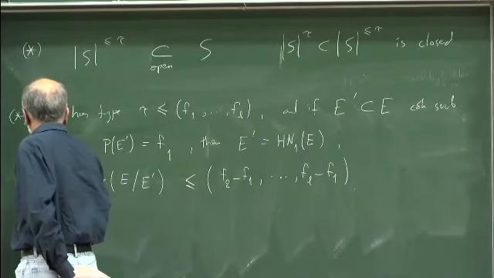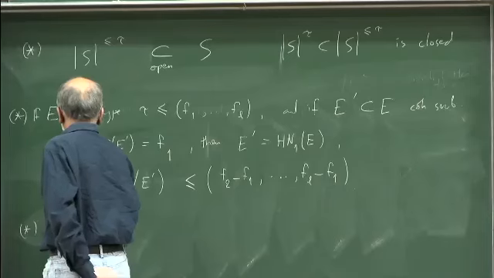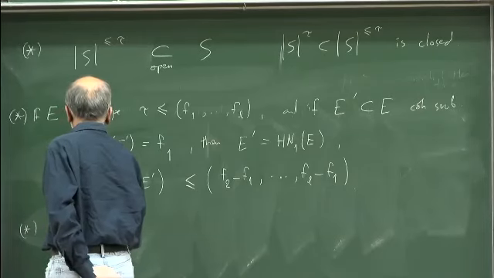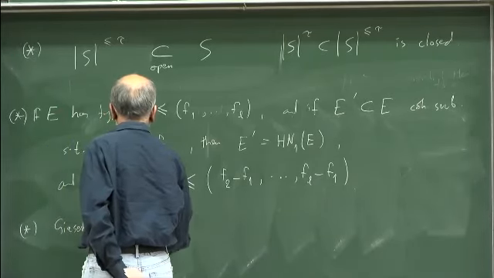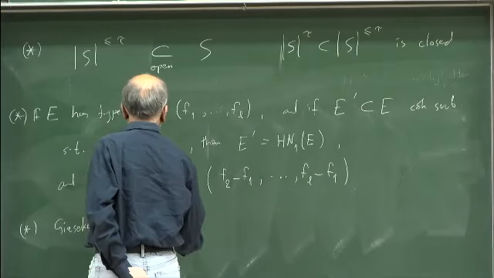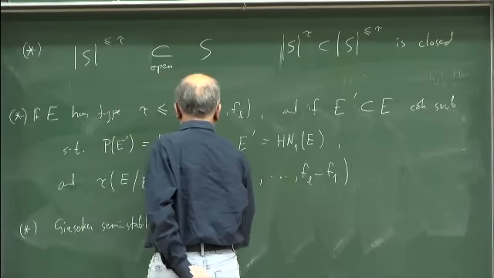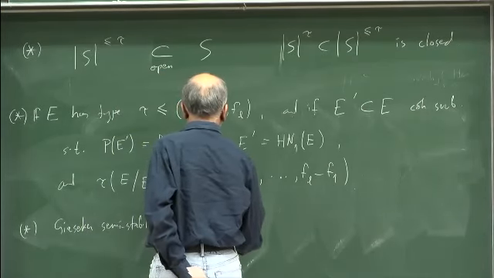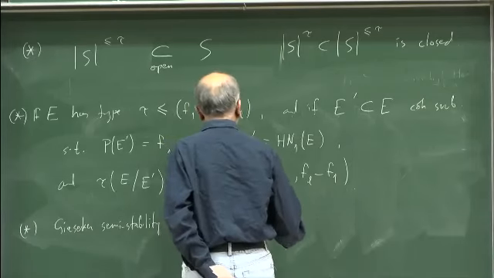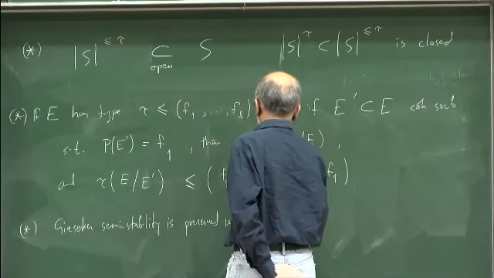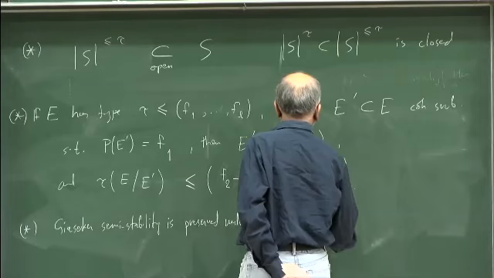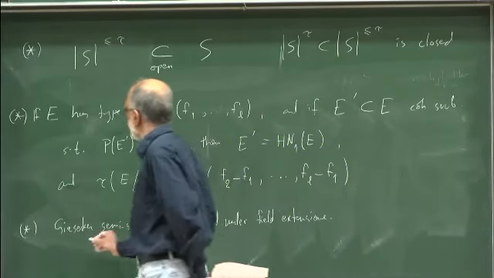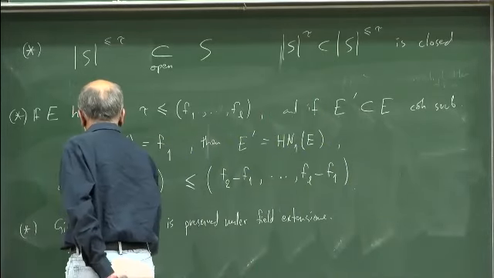And the third fact is Gieseker semi-stability is preserved under field extensions. And therefore HN type is too.